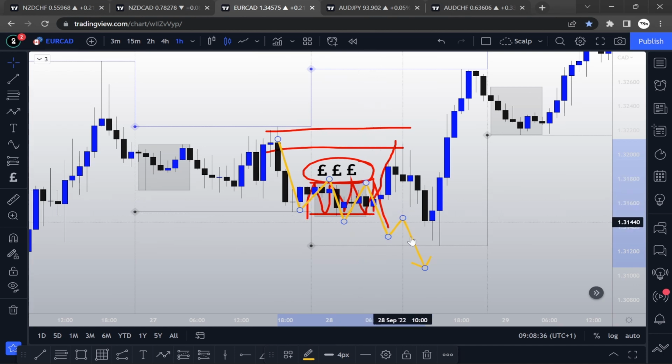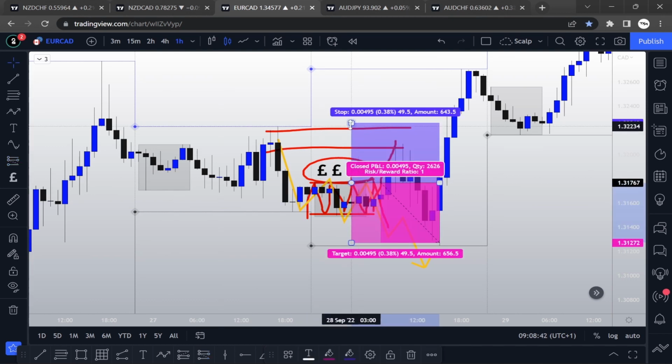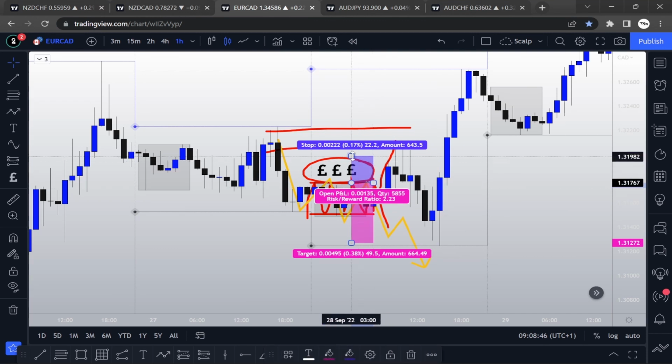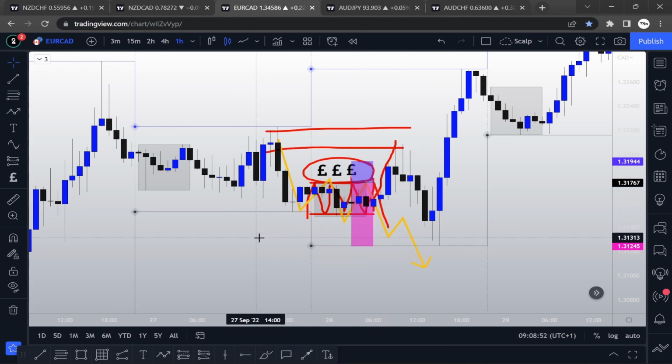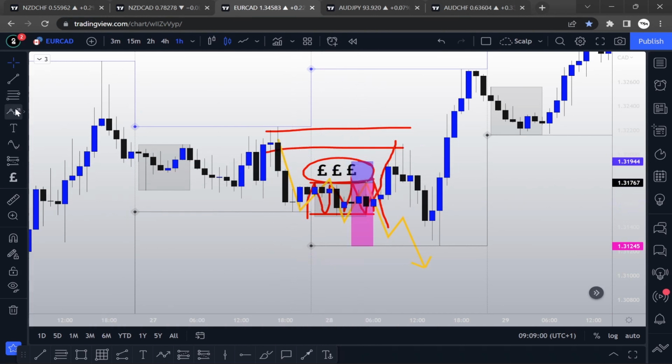So what happened? There are people who were anticipating the price to sell from this level over here, just like so. Okay, many people all over the world, traders, algorithms, institutions, small banks, placing the stop losses around this level. And what does the market do?